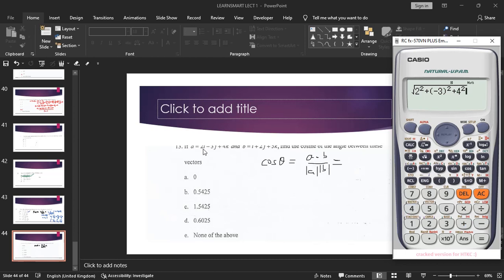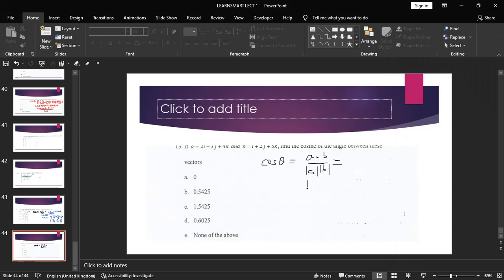This is A: 2, minus 3, 4. That will give us root of 29. That's magnitude of A.